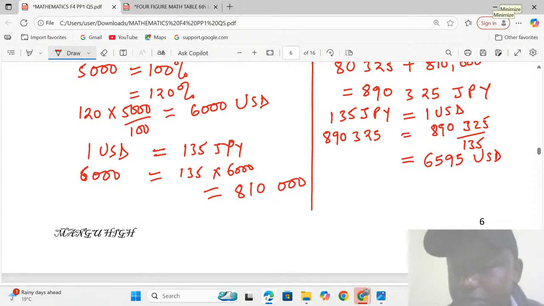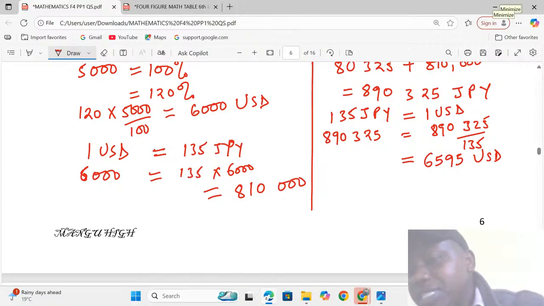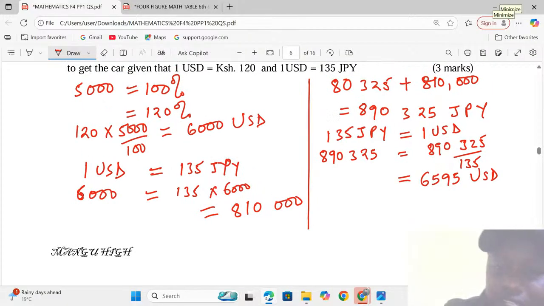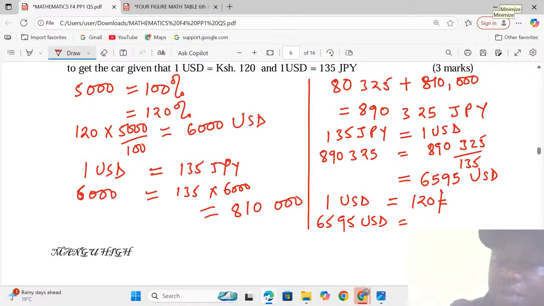This is the amount in US dollars the car will cost: the buying price of the car, the commission by the agent, then the shipping cost. Now this is the amount we should convert to Kenya shillings. 1 US dollar equals 120 Kenya shillings. What about 65.95 US dollars? This shall be 120 times 65.95 over 1.